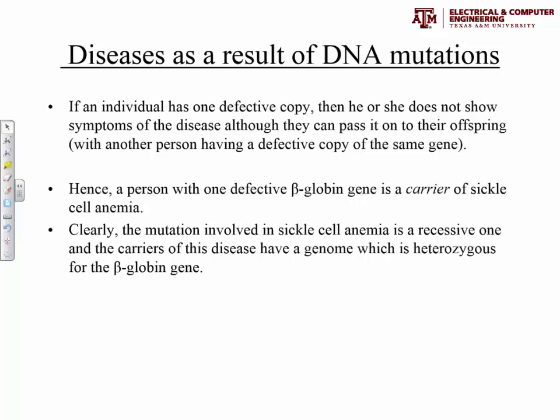An individual with 1 defective copy does not show symptoms of the disease, although they can pass it on to their offspring with another person having a defective copy of the same gene. If both parents are carriers of sickle cell anemia, there is a 1 in 4 probability that the child will develop full-blown sickle cell anemia.